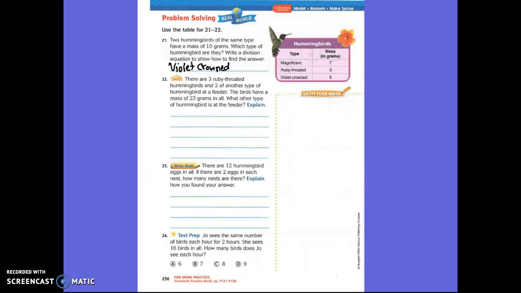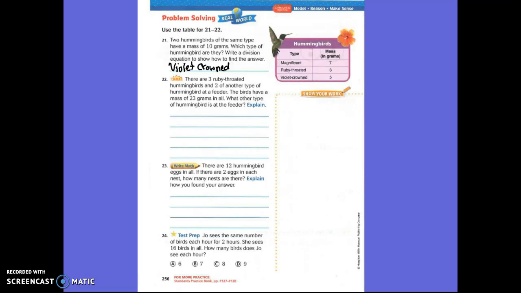Read the problem, number 22. There are 3 ruby-throated hummingbirds and 2 of another type of hummingbird at a feeder. The birds have a mass of 23 grams in all.